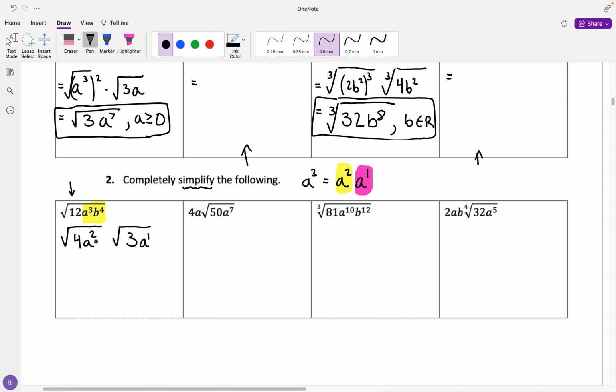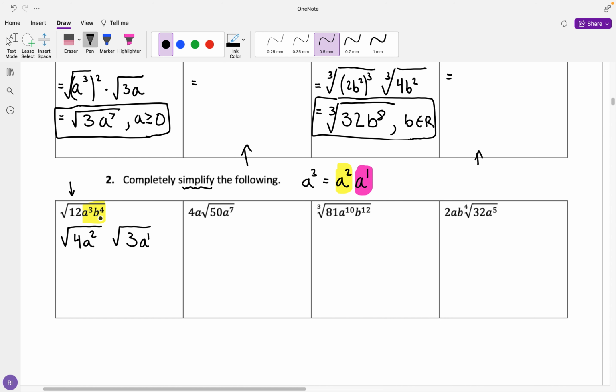And what I'm essentially doing is keeping all of our perfect square components or factors at the front inside of the radical here, and all of the remaining components in the second radical, which is not going to be able to simplify. It'll just be stuck as it is.